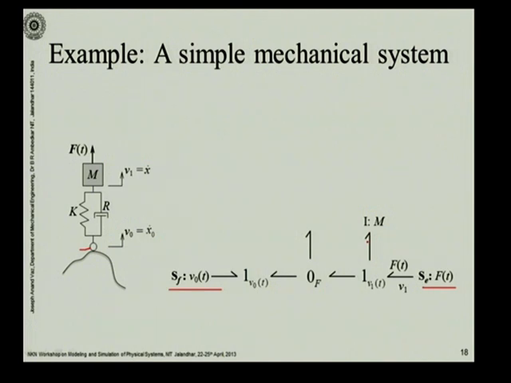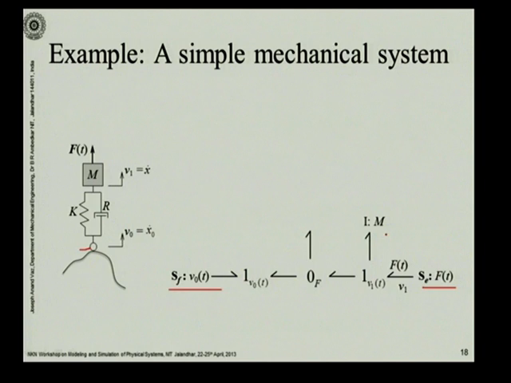We saw in the earlier example that the one junction has all the bonds connected to it having the same flow, but it algebraically sums up the efforts. In this case, you have the zero junction, all the bonds connected to it have the same efforts, but in the process, it performs the operation of algebraically summing up flows.